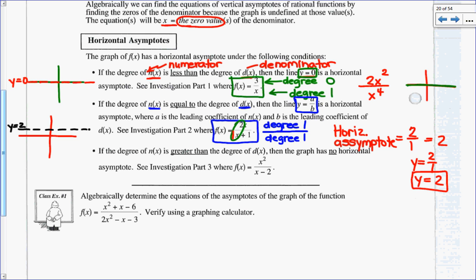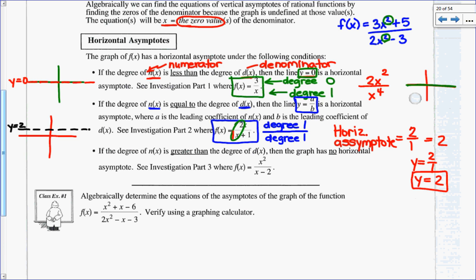Here is another example. I'm just going to put it over in the margin where I have some room up here. You can write this down anywhere you'd like. If you had this equation, 3x squared plus 5 in the numerator, and in the denominator you had 2x squared minus 3, okay? Once again, you look at the degree that you have in the numerator, it's degree 2. And the degree that you have in the denominator, degree 2.